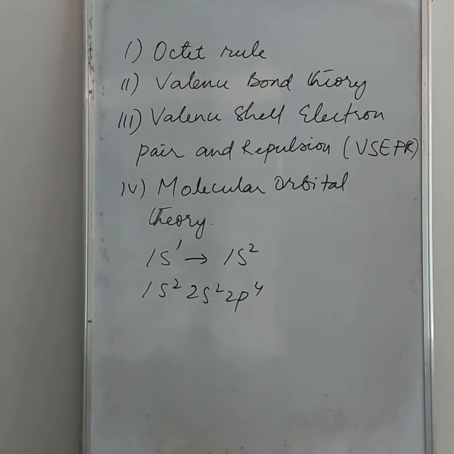But there are some limitations to the octet rule, such as odd electron molecules, like nitrous oxide.